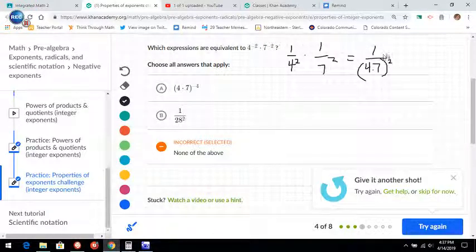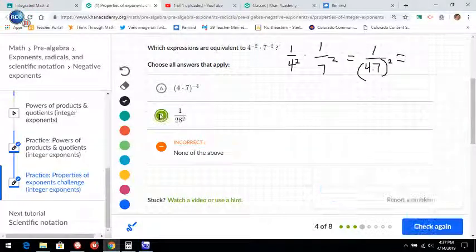I just did not think of that. So that'd be 1 over 28 squared, which is this one. Could it be this one, 4 times 7 to the negative 4? They're thinking like add these two together, but you can't add these if the bases are not the same. I think it's just 1 over 28 squared.